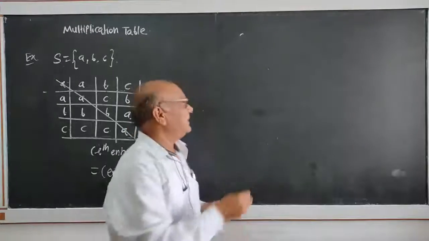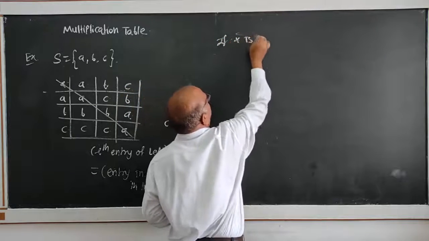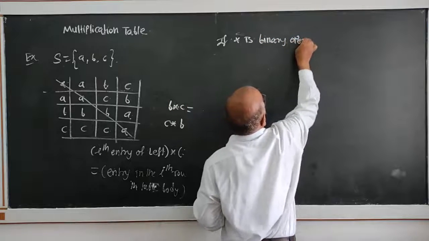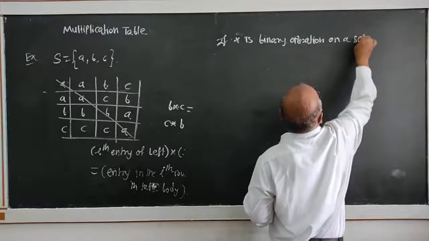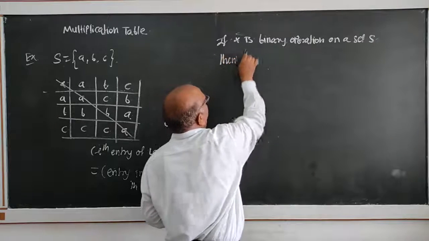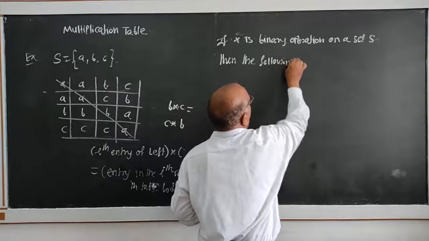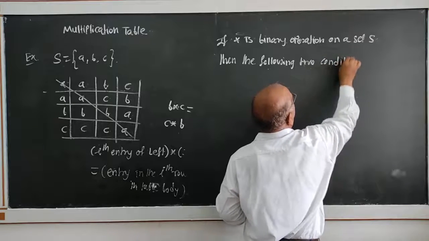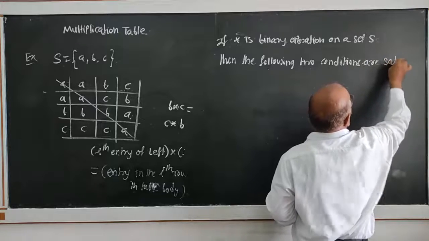If star is a binary operation on a set S, then the following two conditions are satisfied.